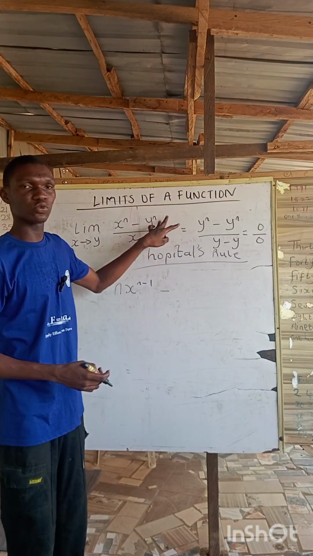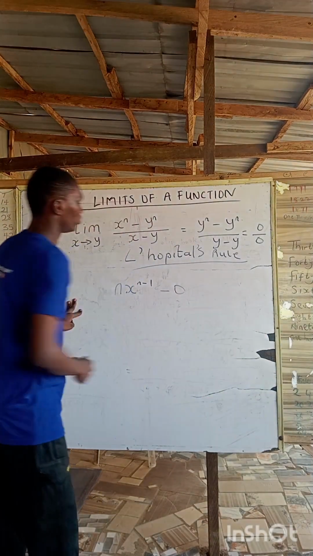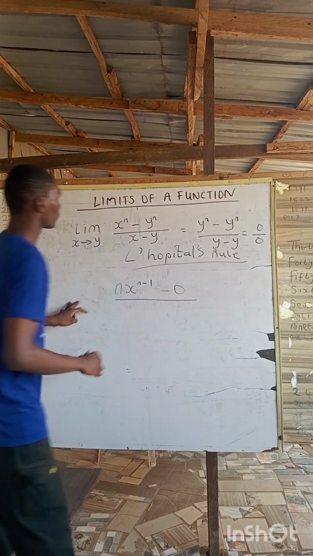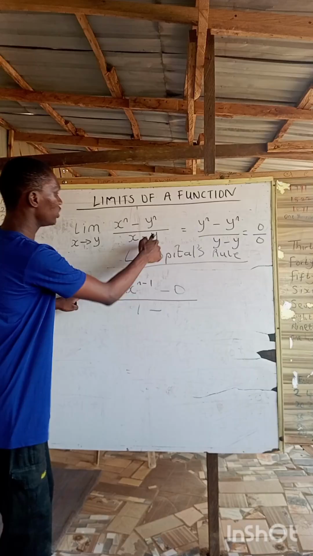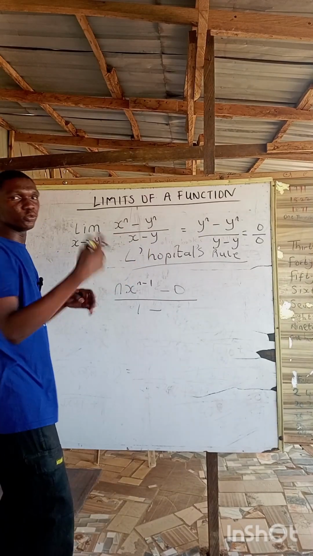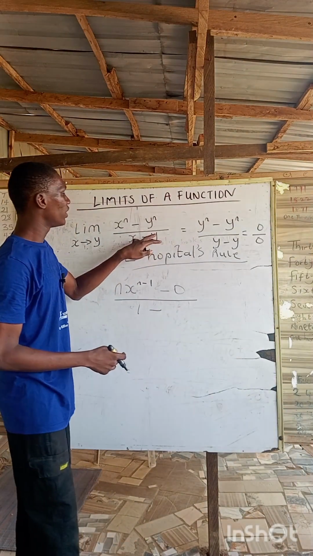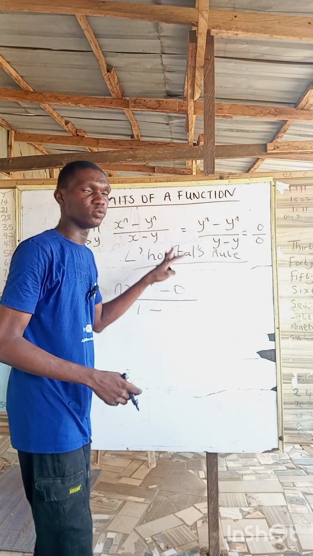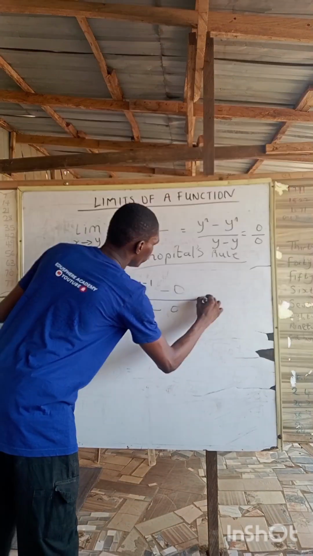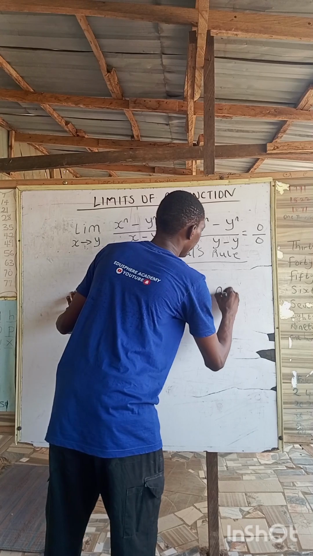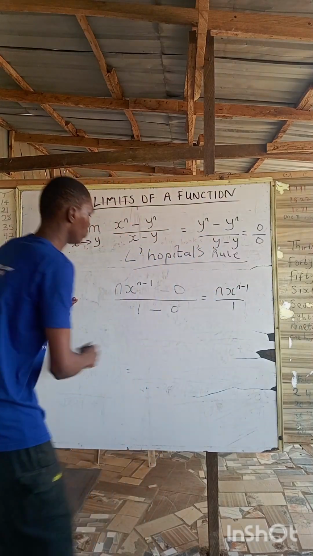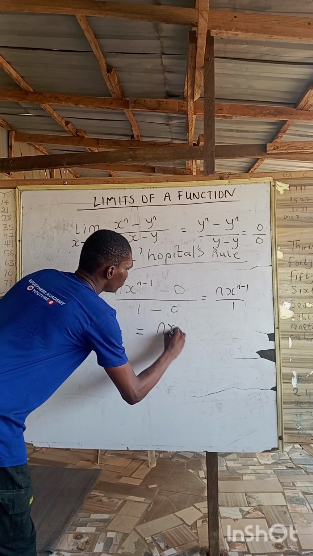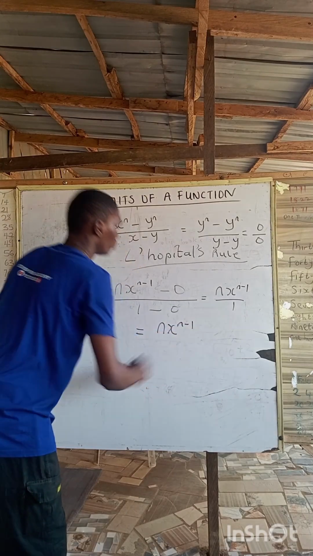this will give us 0 over, differentiating x here gives 1, minus the derivative of y, which will be 0, because we don't have any x variable there. So that will be n x to the power n minus 1 over 1, which is still n x to the power n minus 1.